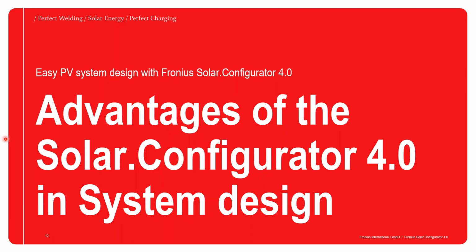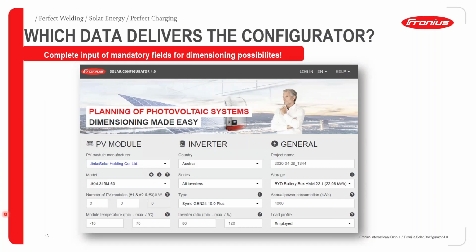So what are the main advantages of the Solarconfigurator platform? Okay, so it allows for the complete input of mandatory fields for dimensioning possibilities. So basically what that means is that you can get a lot of different possibilities that will be presented to you.